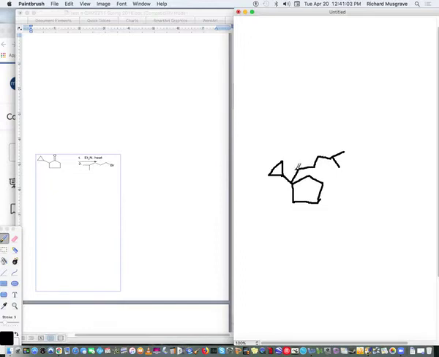Okay, there you go. So that's what it would look like with a double bond here, obviously. Any questions?